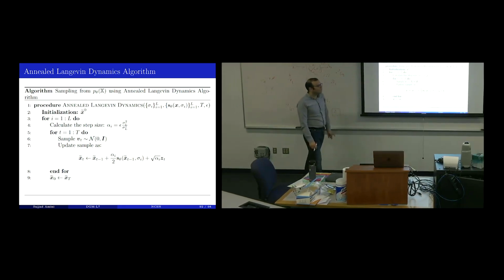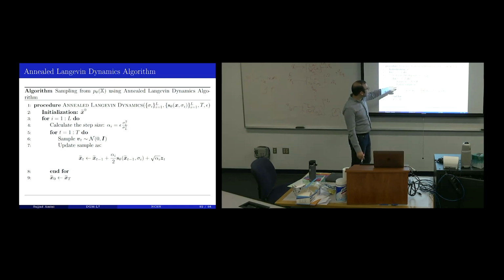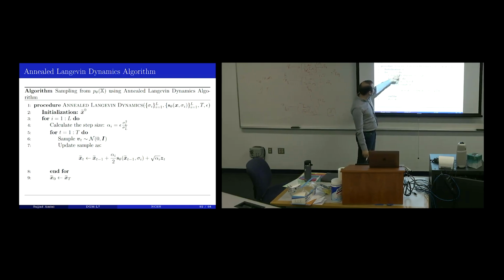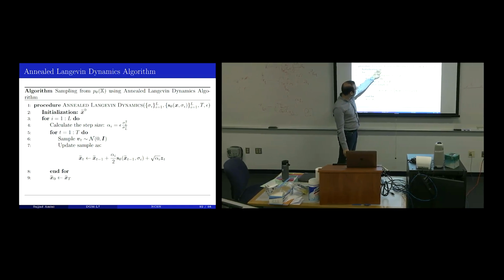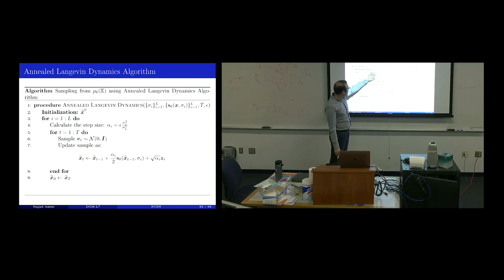Yes? X i, like line 9, X0. Yeah, because x0 is again used as the start, okay? I think that this one is a mistake. This one should be x0. The x0 is the initialization of the sample you input to Langevin. You use the last one of the previous part as the start of the next one.